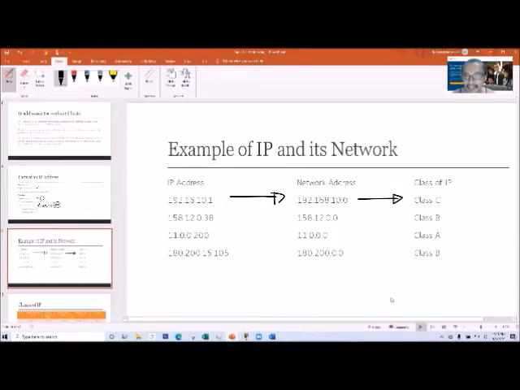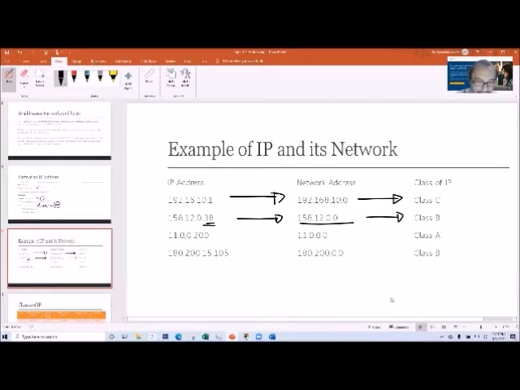According to the classes of IP, this is class B. And the host portion of that address is numbered, and if you look at the network address, the last two octets are 0. That's why 158.12.0.0 is the network address of this IP. So it's very clear that the IP belongs to a particular network, and this network is class B in nature.